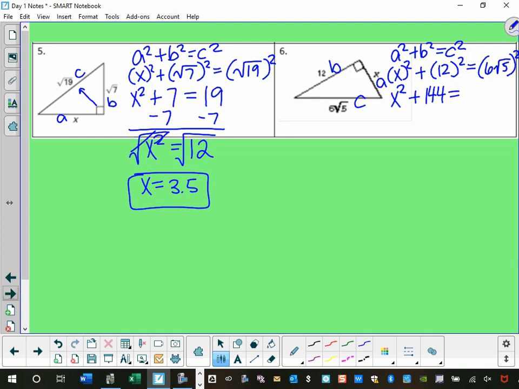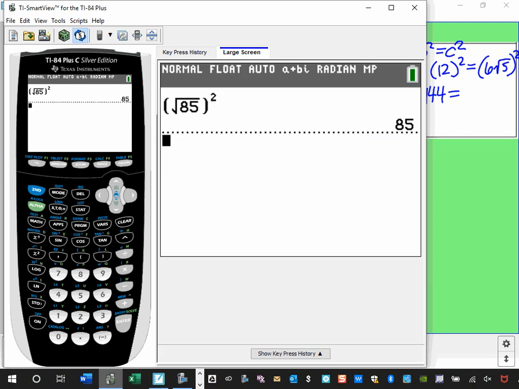In your calculators, you may have to do 2 parentheses, depending on how good your calculator is. You do parentheses, 6 times radical 5. If parentheses pops up, then put another parentheses. If it looks like this, just scroll over and put your parentheses. And then square. You should get 180.